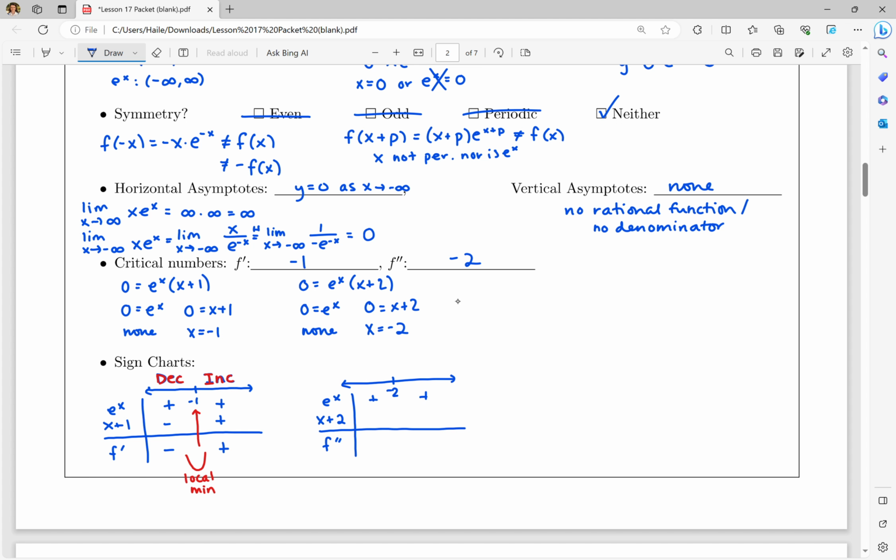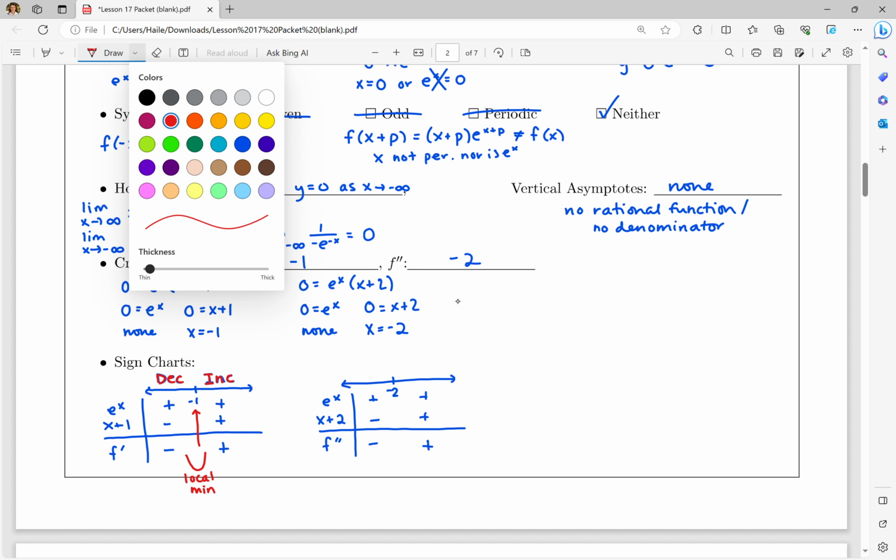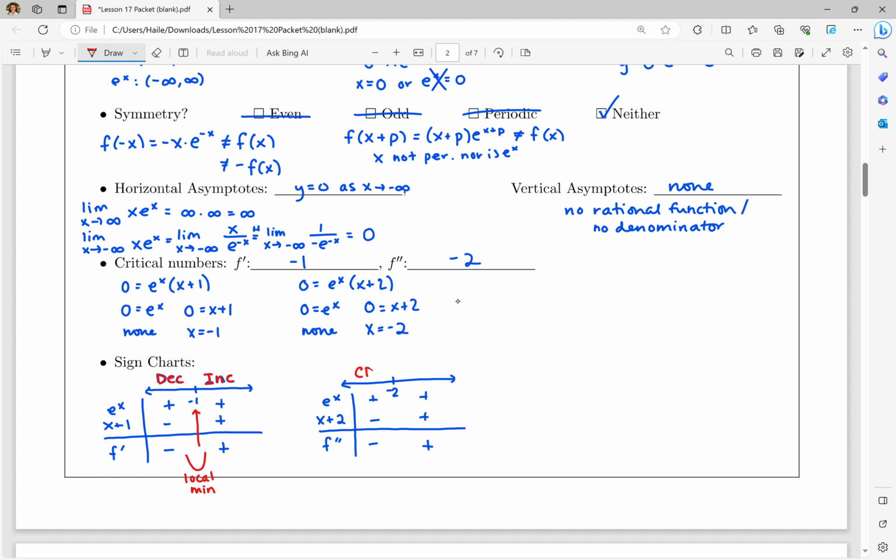X plus 2 is going to be negative to the left of -2 and positive to the right. So we have negative on the left, positive on the right. So our second derivative tells us that we're concave down on the left, concave up on the right, and that means that an inflection point occurs at x is equal to -2.